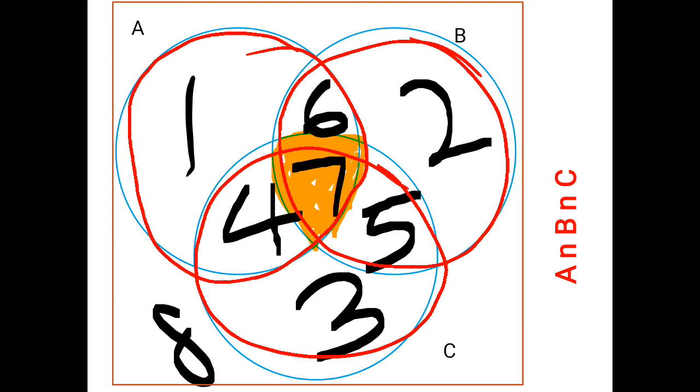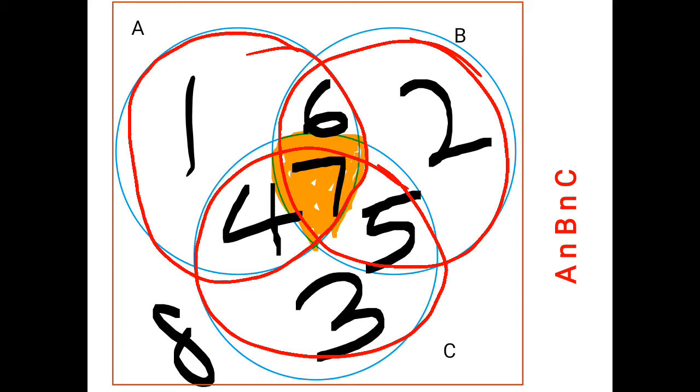But over here, we are looking at 3 circles. So the part that is found in all 3 circles is all A, B, and C. So we say mathematically A intersection B intersection C, meaning that part is found in A, it is found in B, and then it is found in C as well.